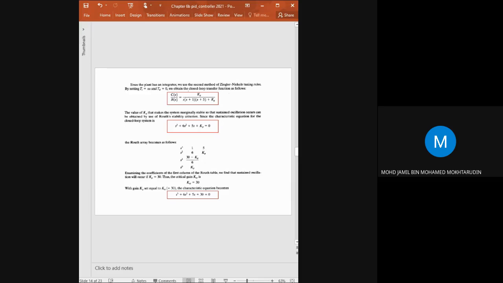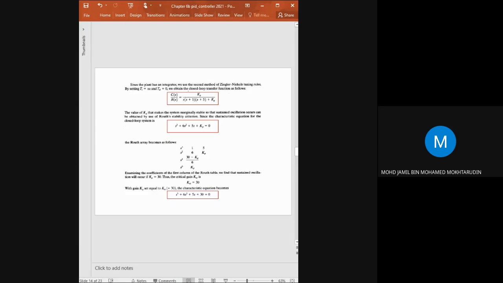Examining the coefficients of the first column, we find that sustained oscillation occurs if Kp equals 30. You use the same method to determine the value of Kp when marginally stable. We take S1 here and assume it equals 0, so you get Kp equals 30.